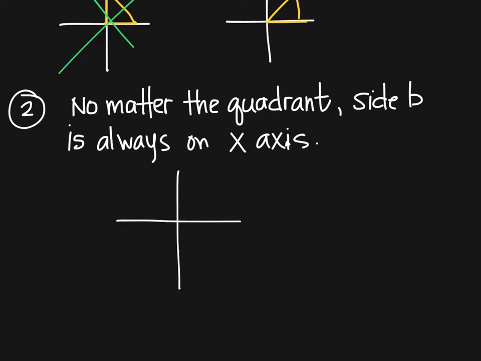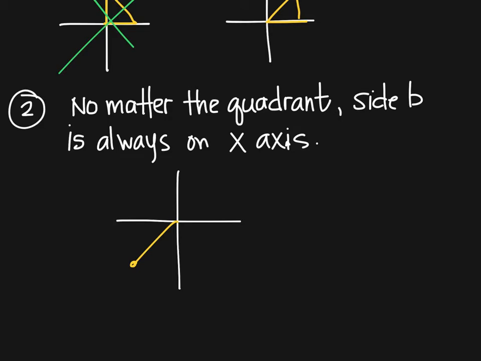So for example, say you were in quadrant 3, and you drew your hypotenuse out to a point out in the quadrant like that. Then how do you draw the rest of the triangle? Well, you wouldn't go like this, because if you did that, side B is now floating out in quadrant 3 down there, and that's not where side B needs to be.